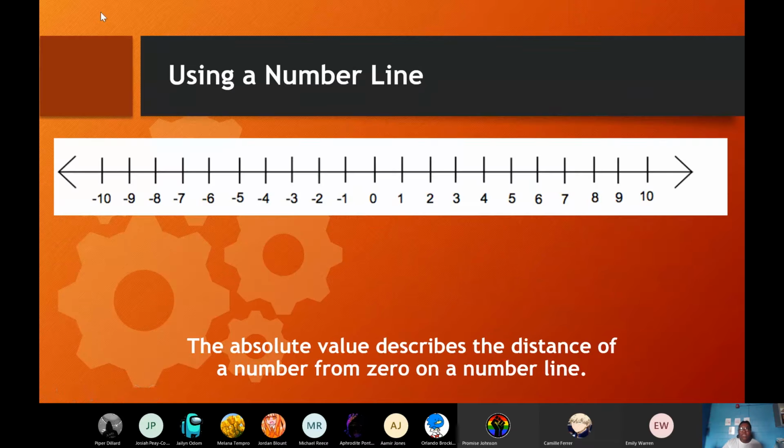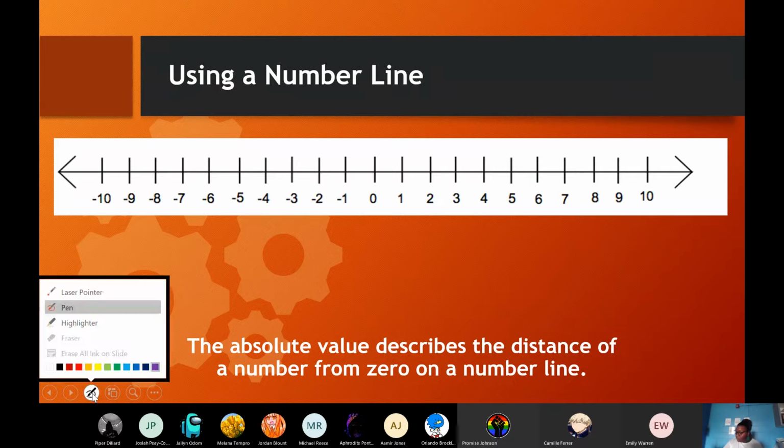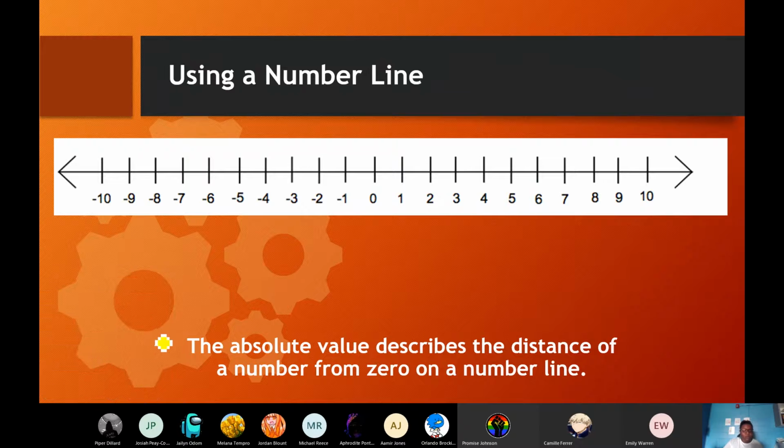So when we're using this horizontal number line, it's important for us to understand, you don't need to draw this number line right now. It's important for us to understand what absolute value is. Please write this definition for absolute value.